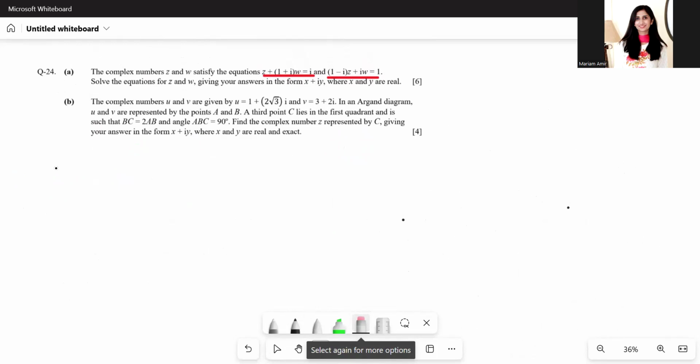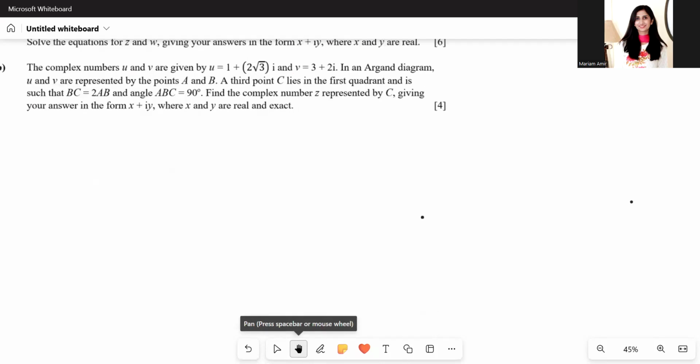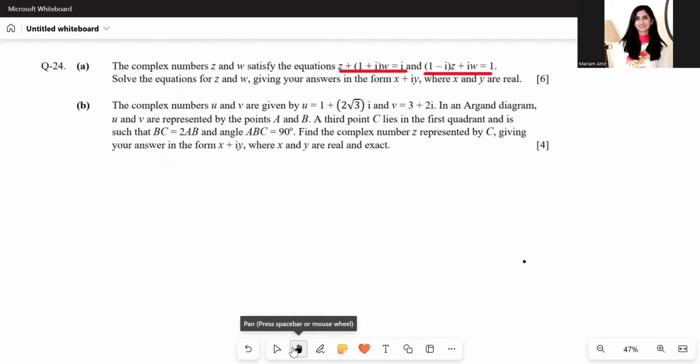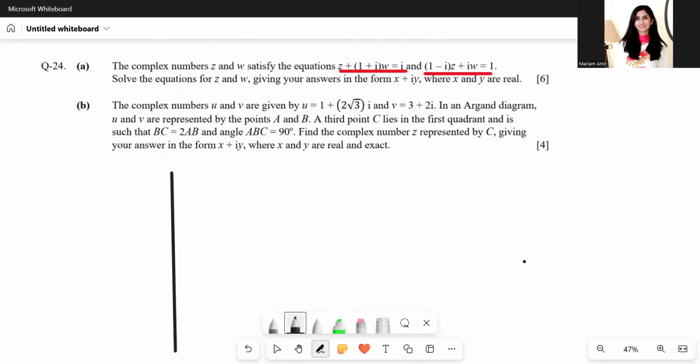Okay, so the complex numbers u and v are given to us. Let's first draw it on an Argand diagram. Okay, so we have u and v. Let me draw v first. So 3 and 2.